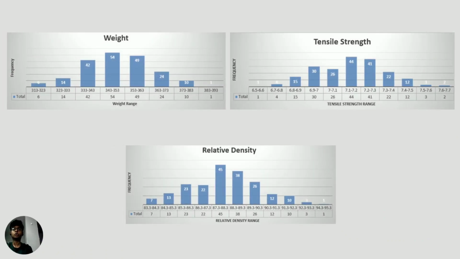Next, let's go to the graphical form. These are the graphical forms in terms of bar charts.